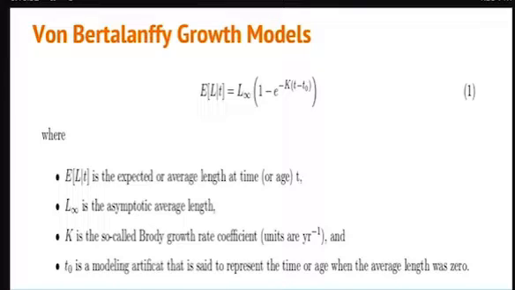That was what he observed. Now, t0 is a modeling artifact, which represents the time or age when the average length was 0. So I present to you the Van Bertalanffy growth model.